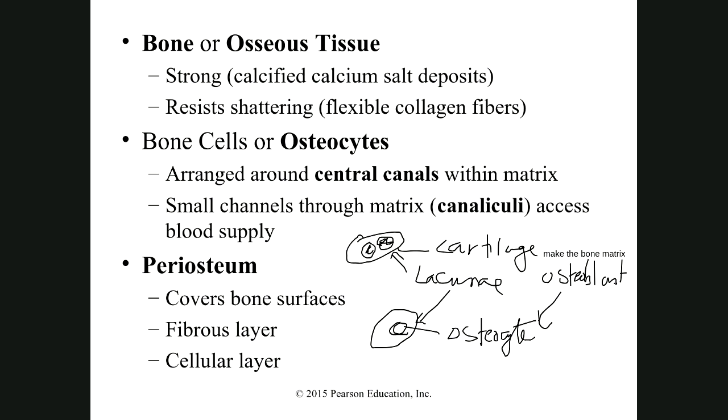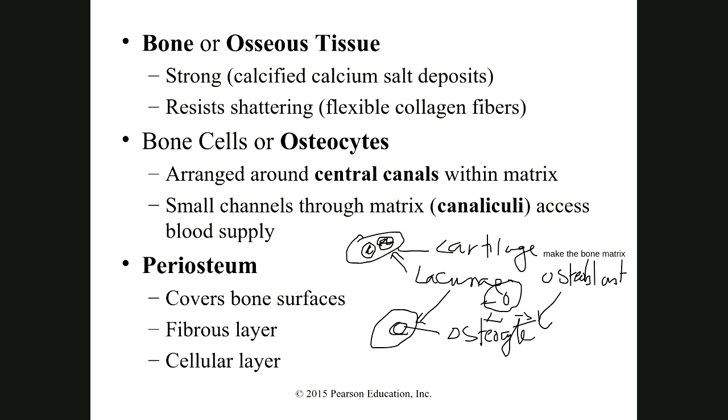And once they make the bone matrix, they get trapped, so they become osteocytes in here. Initially they might be just like here, and they put down a lot of matrix, right? It's like you paint yourself into a corner, if you will. So then they get trapped, so they become osteocytes.